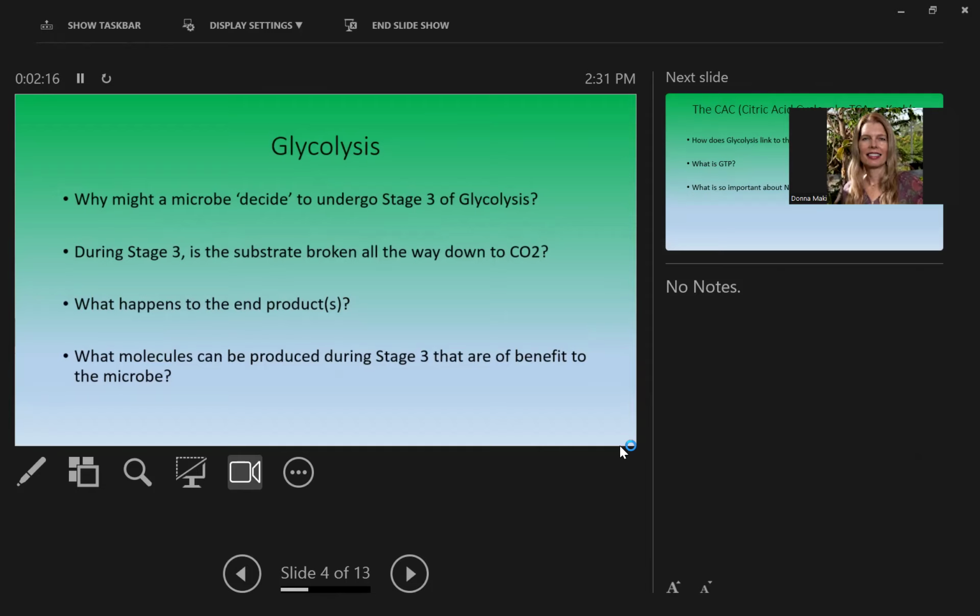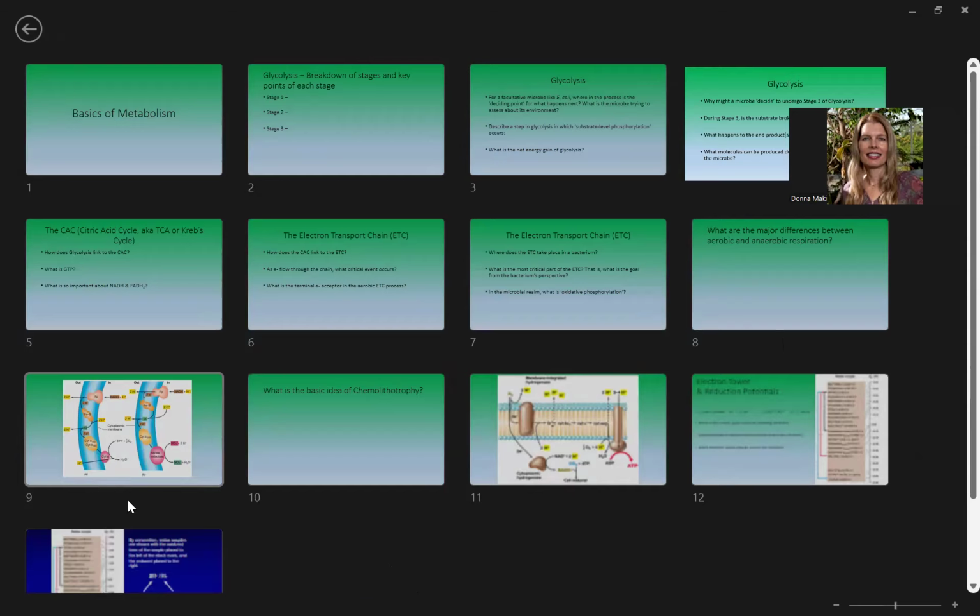Stage 3 of glycolysis might get you a little bit of ATP, but anytime you can run an electron transport chain and generate a proton gradient, that's better. Okay, so anaerobic respiration.